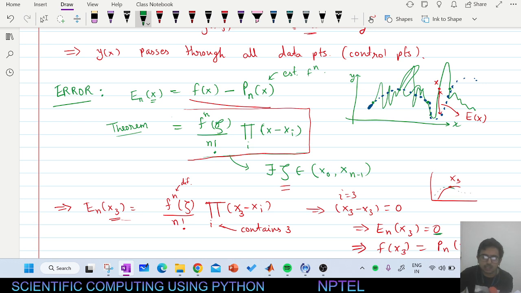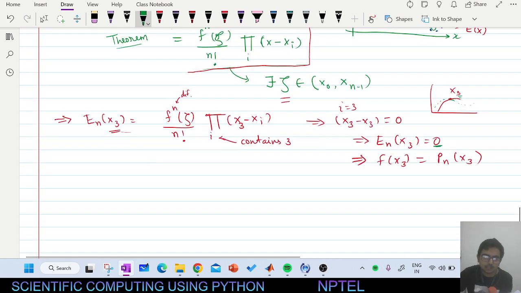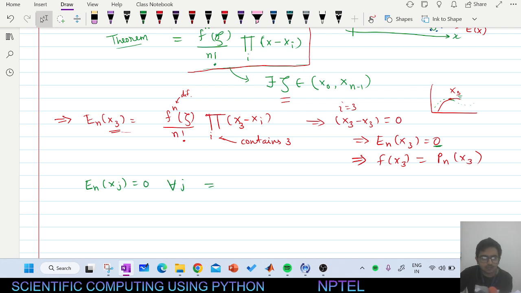And 3 is no special point. It's true for 4, 5, 11, 10,000. So we can write En of xj is equal to 0 for all j, which means Pn of x passes through all data points.